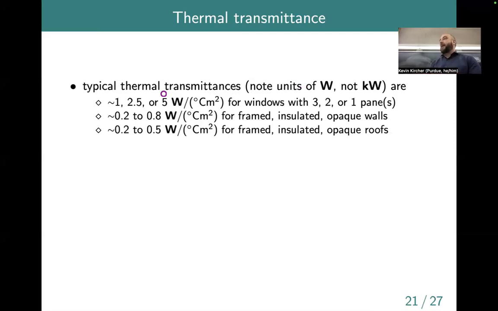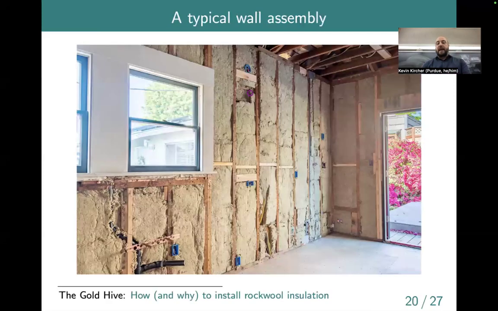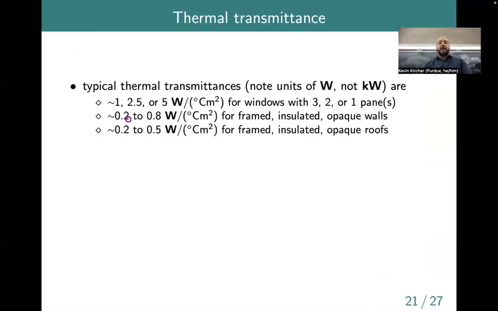And this is basically why triple pane windows are more expensive, because they can save you money on energy bills over time. And then for opaque walls, so things like the overall wall assembly, the average, including both the wood framing and also the insulation in between the studs, might be on the order of 0.2 to 0.8. So better even than a triple pane window, but for a not great insulated wall, you might actually see a U value that's similar to what you would see for a good triple pane window.